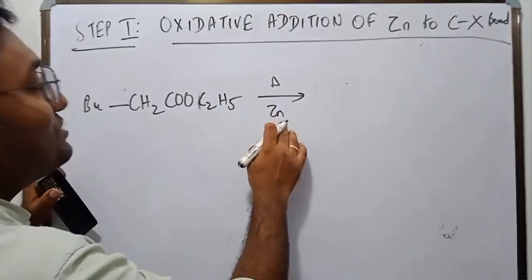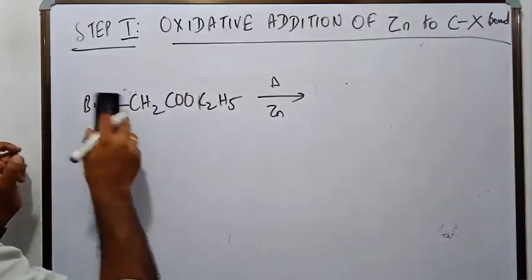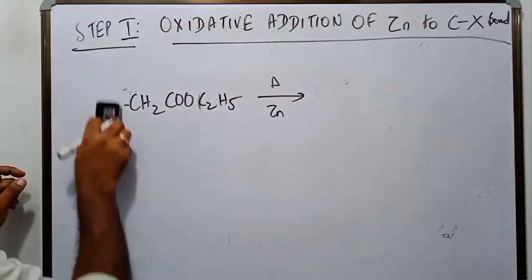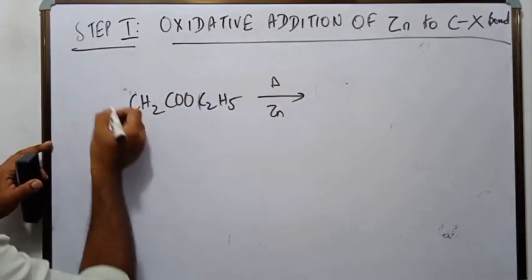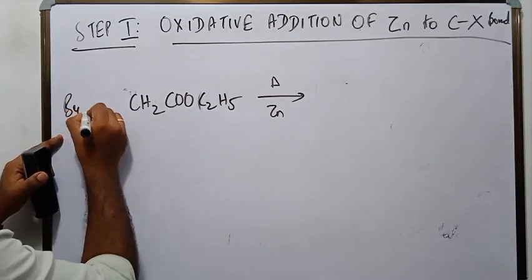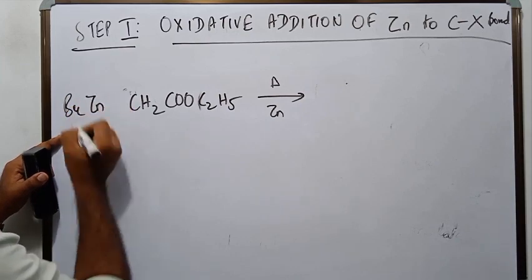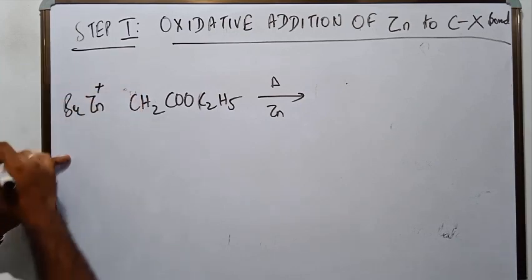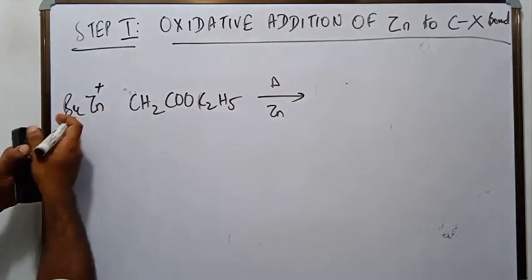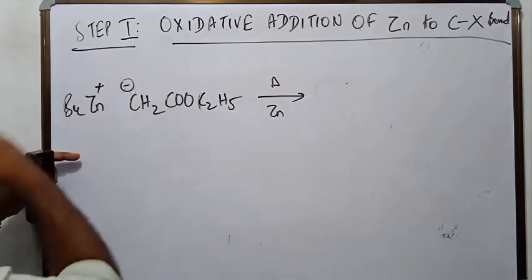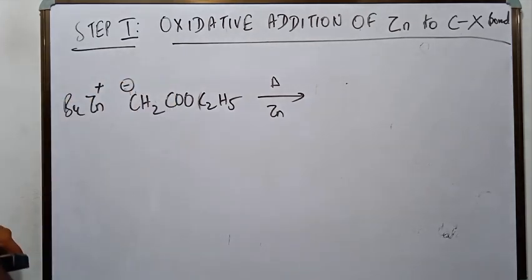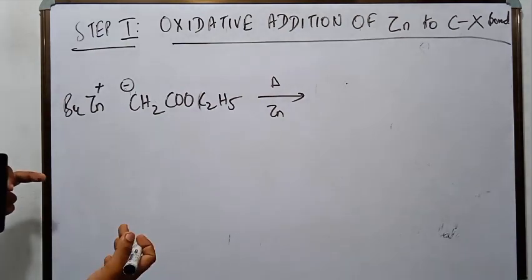So zinc loses an electron to bromine and becomes positive. When bromine dissociated, it left the pair of electrons here.